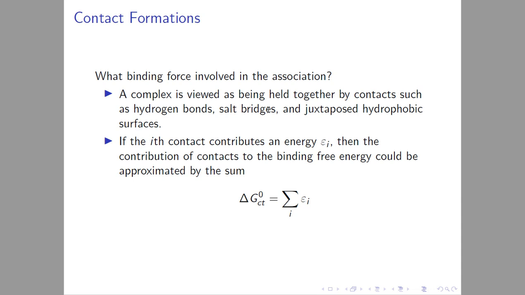All give a contribution to the Gibbs free energy. If contact i has energy epsilon i, then the binding energy is affected by the sum of delta G, epsilon i. Let's say epsilon 1 is from hydrogen bonds, epsilon 2 is from salt bridges, and epsilon 3 is from hydrophobic contacts. We add all of them, and it becomes the total Gibbs free energy.